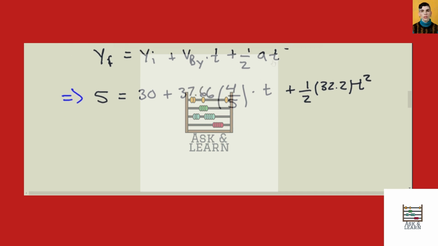Let's clean this up a little and move the 5 to the right. We now have 16.1 t squared plus 30.13 t minus 25 equals 0.